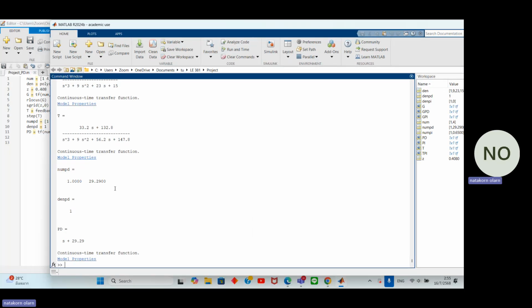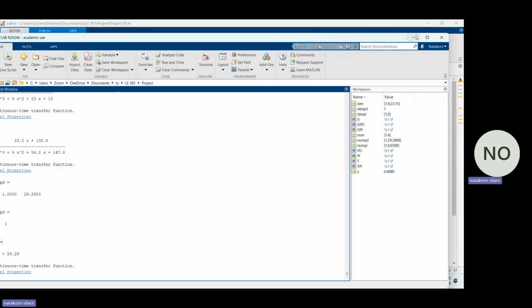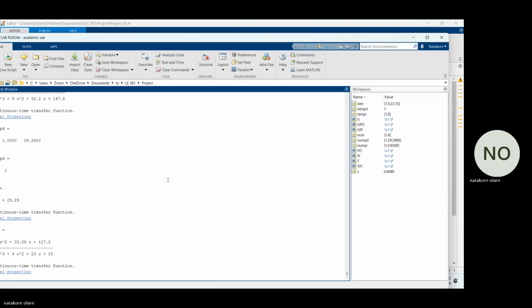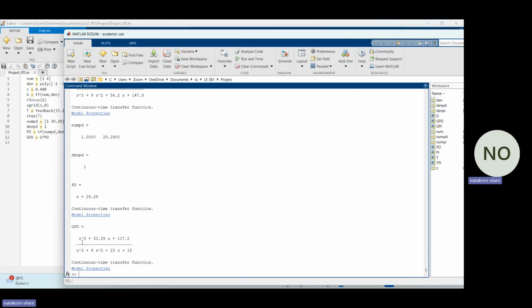This is S plus 29.29. And then I multiply it with the system. It will get this value, CPD.